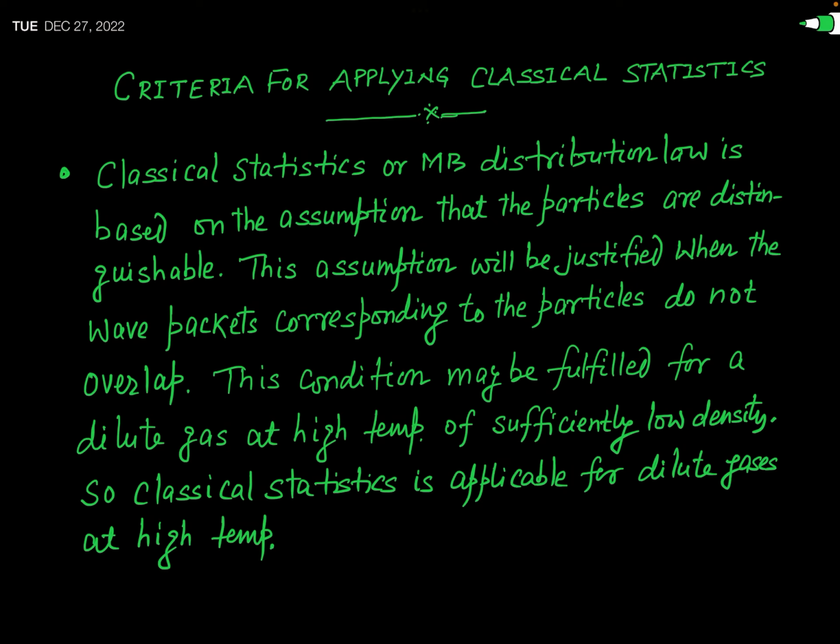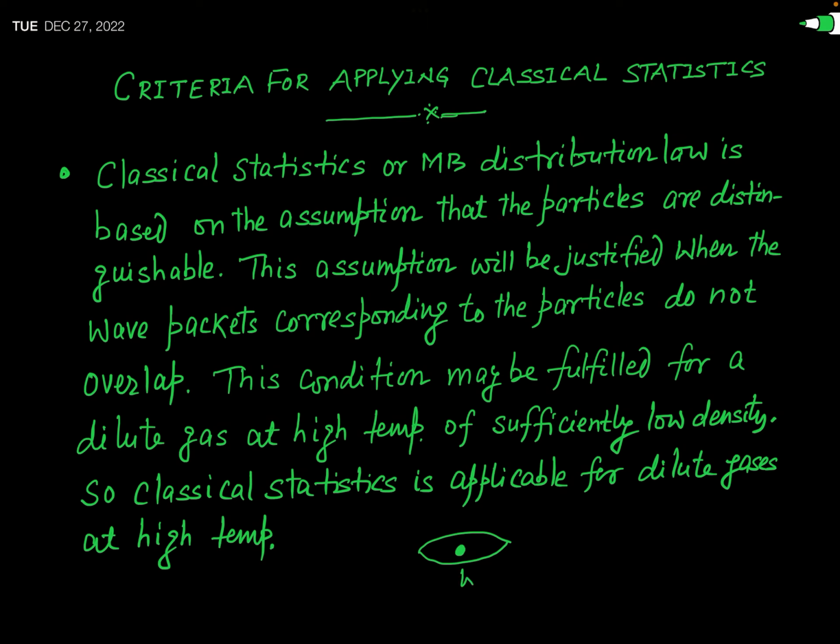Because in quantum mechanics, we always talk about the wave associated with a particle. Whenever you talk in terms of quantum mechanics, you say that if there is a particle, let us say this is a particle, this particle is definitely confined within the wave packet associated with the particle.